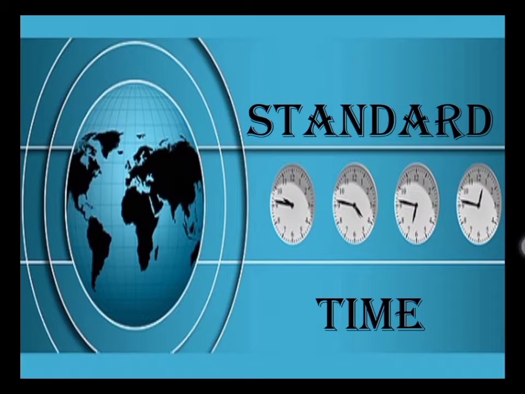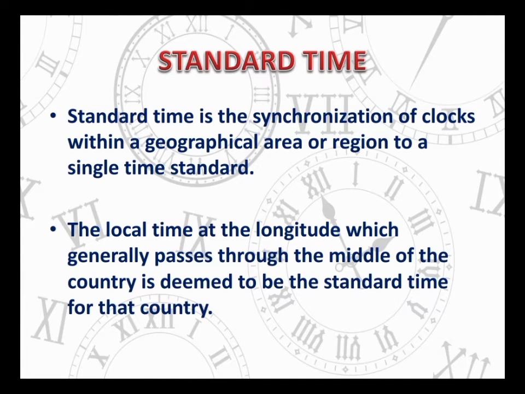Do all the countries have one GMT or more than that? Yes, we can have one GMT or we can have more than one GMT. Now, what is the meaning of standard time? Standard time is basically a time which is common for the country.